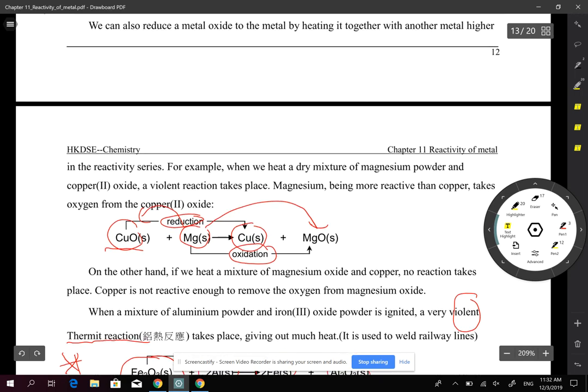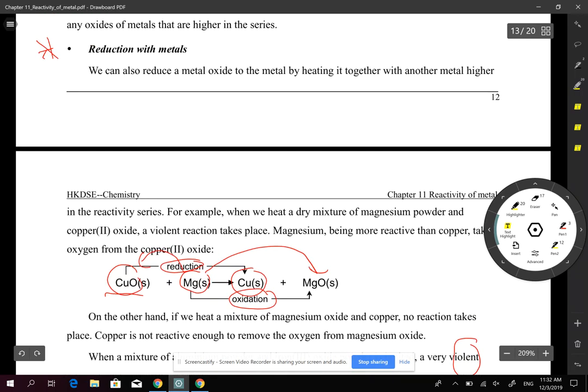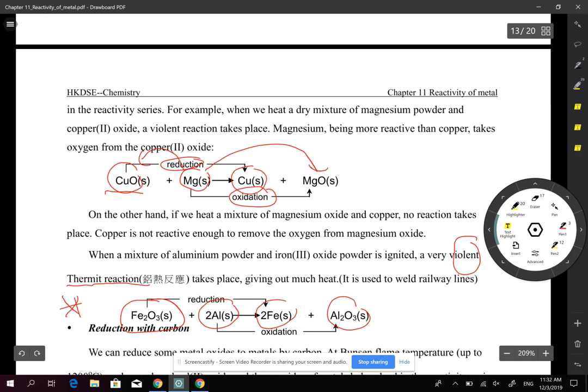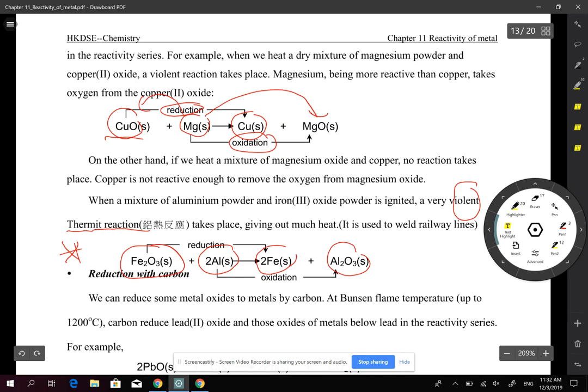And we also talked about the reduction of metal from its metal ores. Although we know that different metals use different methods to reduce or to extract. Some metals we can use electrolysis, some metals we can use heating with carbon, and some metal ores we use heating only.